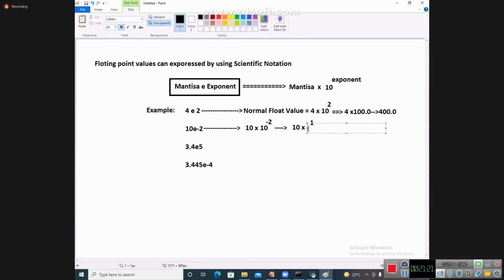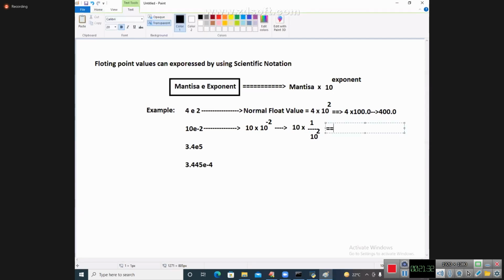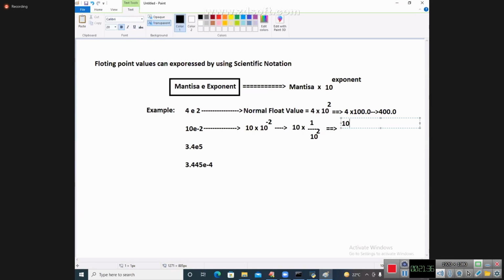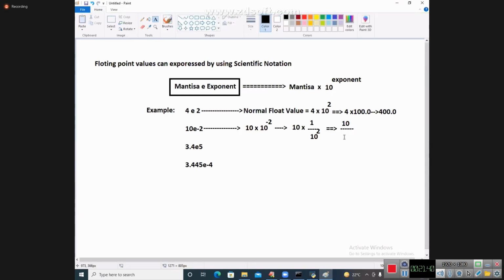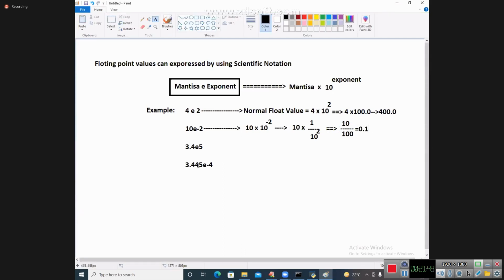I can write it directly, but everybody should understand. 10 square is 100, so it is 10 by 100, which is called 0.1. These are very, very important things.